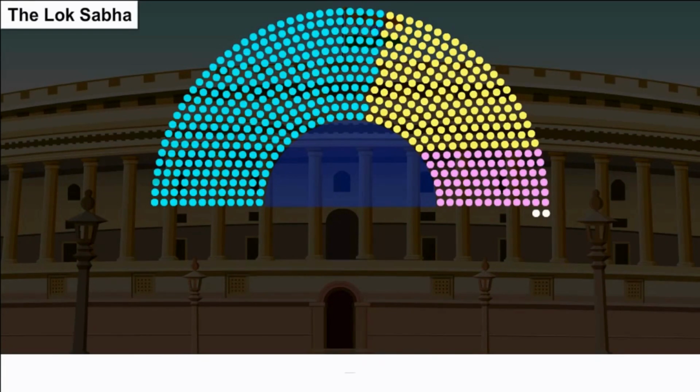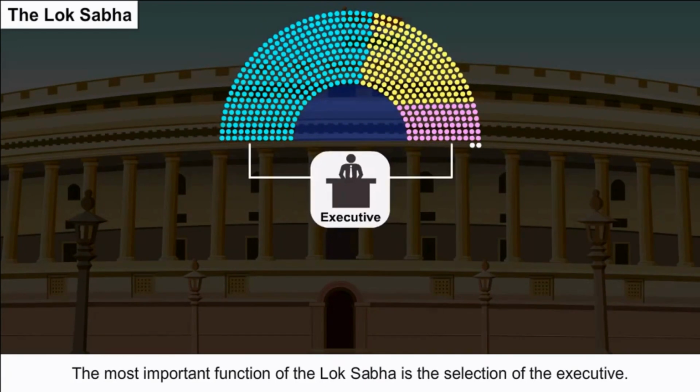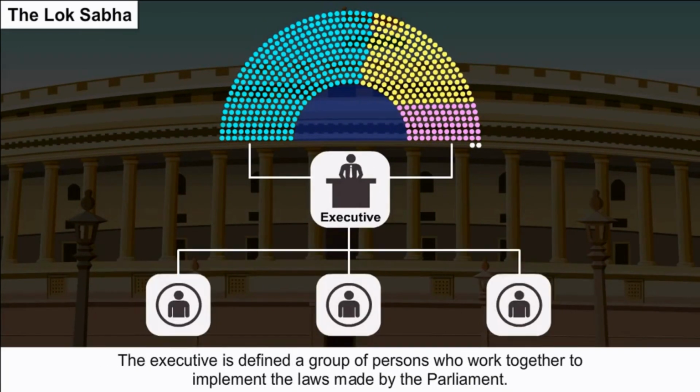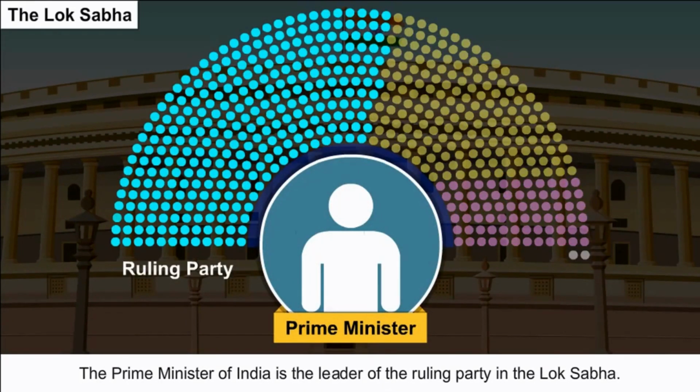The most important function of the Lok Sabha is the selection of the executive. The executive is defined as a group of persons who work together to implement the laws made by the Parliament. The Prime Minister of India is the leader of the ruling party in the Lok Sabha.